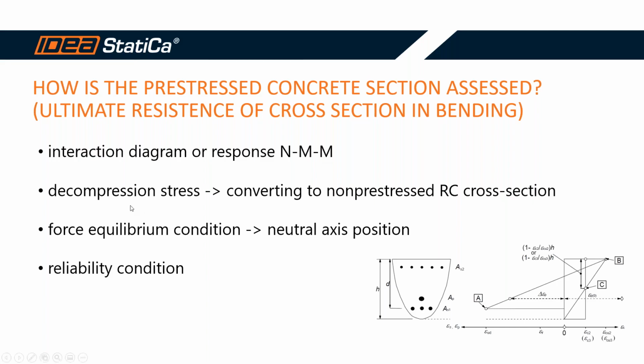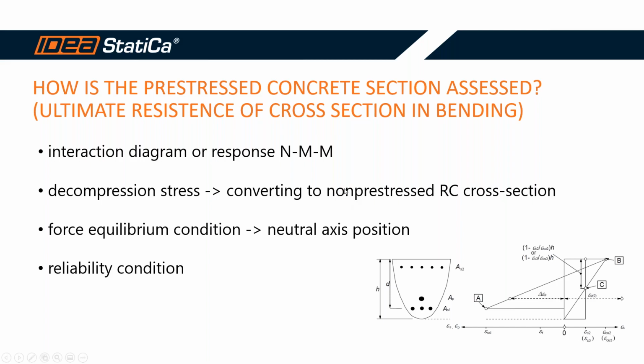So now let me talk about the assessing by interaction diagram. The procedure is as follows. We need to assess the decompression stress, which helps me to convert this pre-stressed section to the non-pre-stressed one.